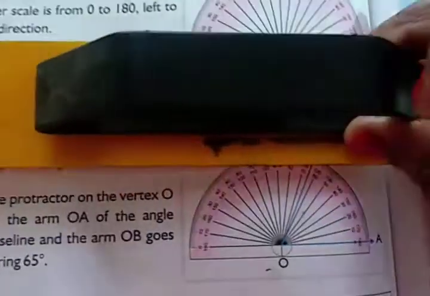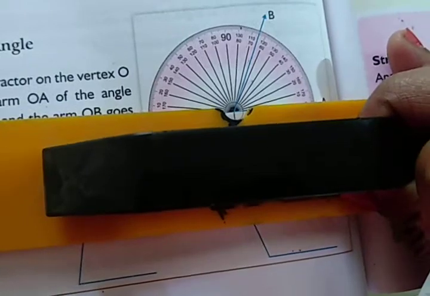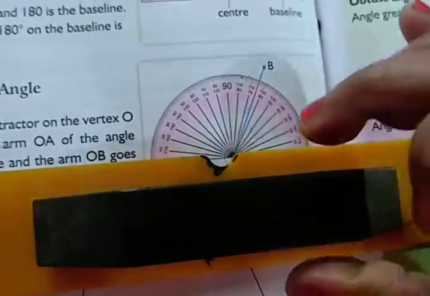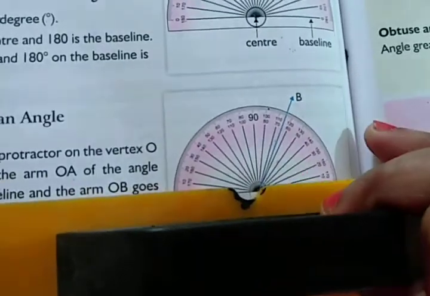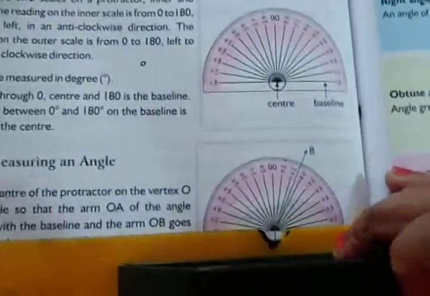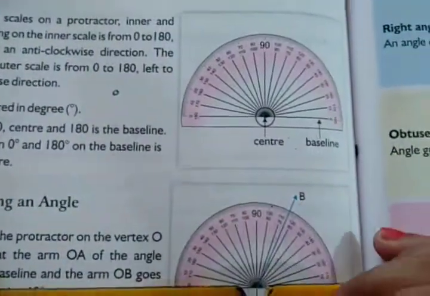This should be straight along the baseline, and you will measure the angle with the help of the protractor.